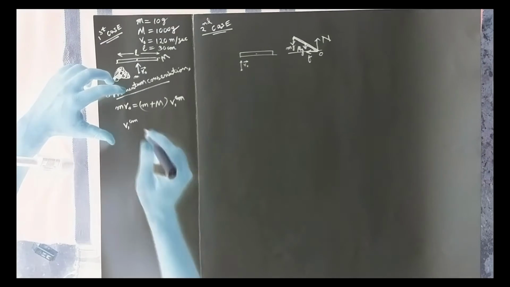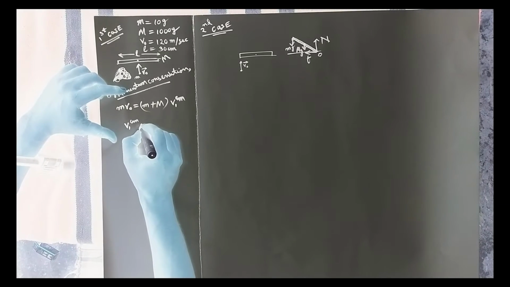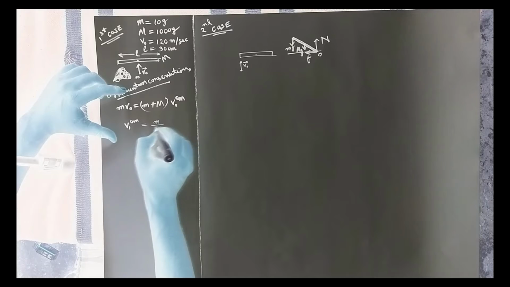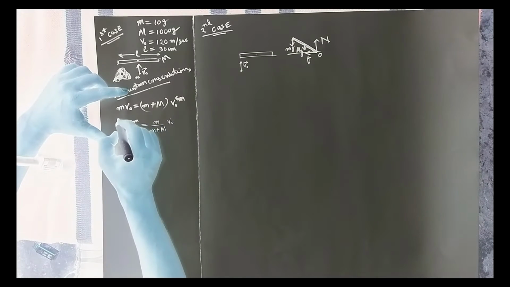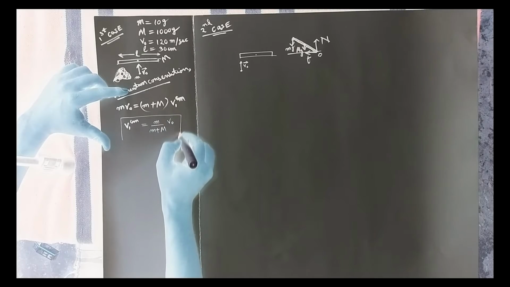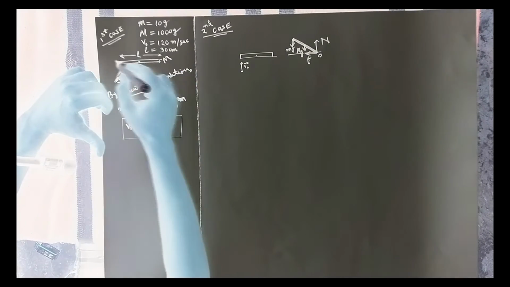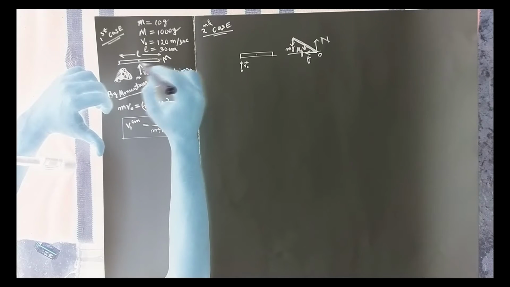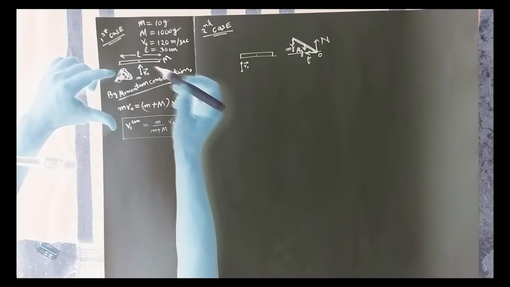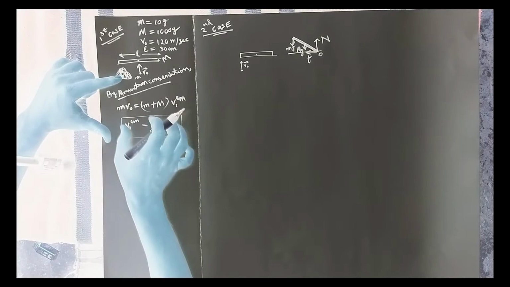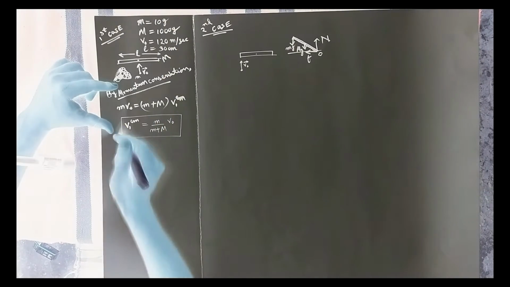So v1 cm equals m by (m plus M) times v naught. This is the velocity of the center of mass, that is the velocity of this point. As the bullet gets stuck at the center of mass of the rod, the center of mass of the whole bullet plus block will be this center only. So with this velocity v1 cm, I want to see how much height it attains.